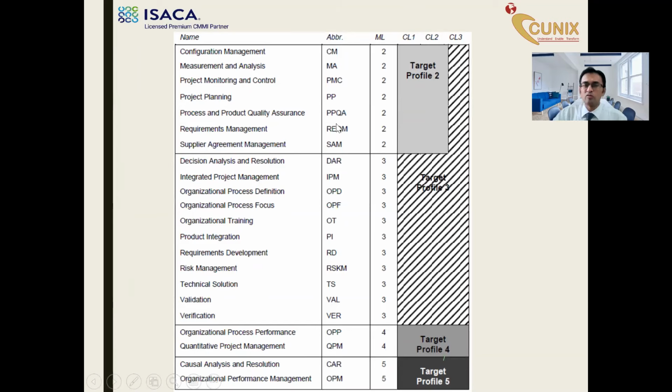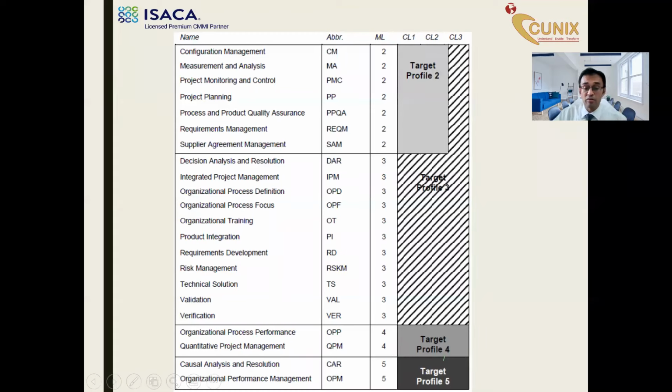Let's say you wanted to target level 2 in version 1.3, you would have these 7 practice areas. If you wanted to target level 3, you would have 7 plus 11, 18 practice areas. If you targeted level 4, you would have 7 plus 11 plus 2, so that's 20 practice areas.